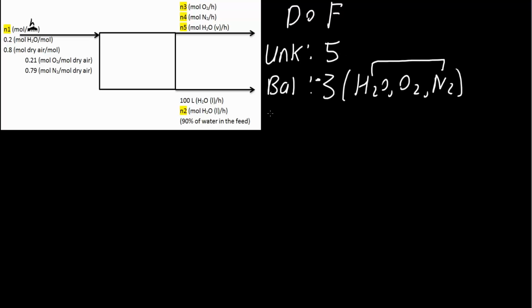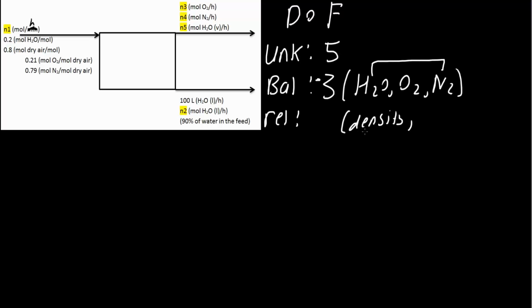Now we need to think, are there any relationships? If you notice, we have 100 liters of water. We know the density of water, so we could easily convert this into moles. So that's one thing we could do: the density of water is a relationship we can use to solve this problem.